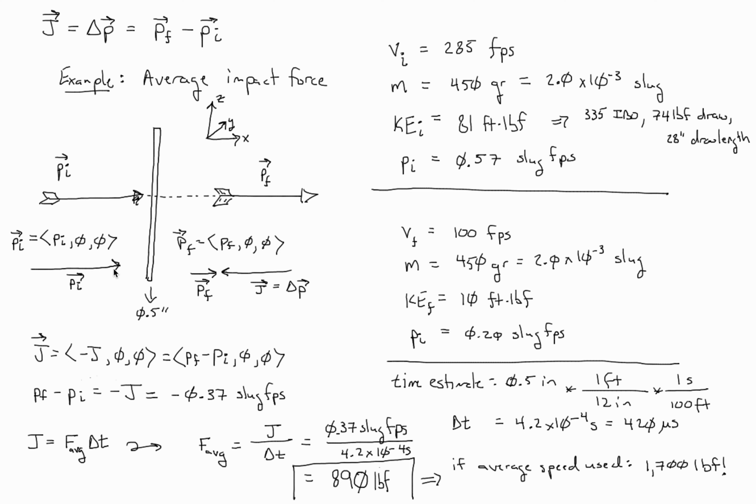So if this little arrow, our vector, indicates the initial momentum, then this smaller, shorter arrow is our vector indicating the final momentum. Notice it's shorter because we lose some momentum going through this material, whatever it is. And the difference between PF and PI is this vector J. Now notice the impulse is actually pointed in the negative X direction.